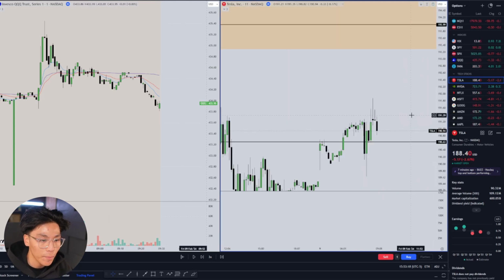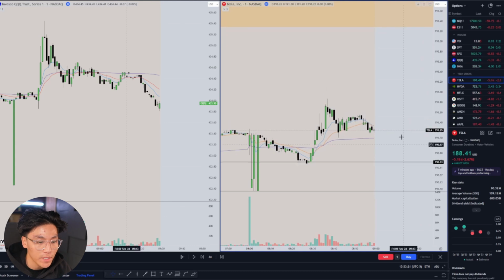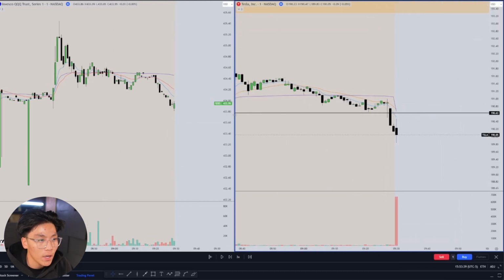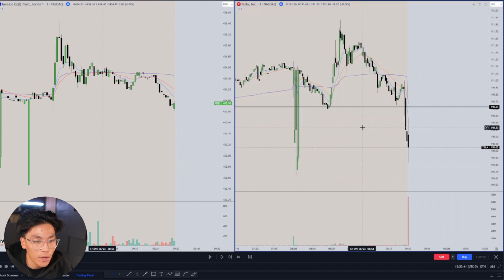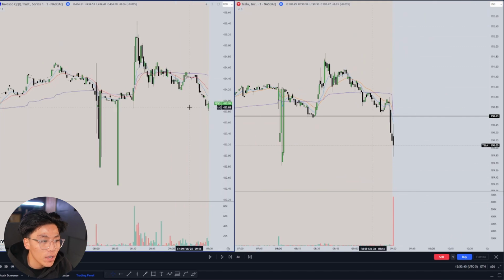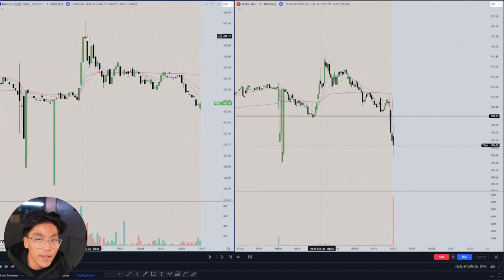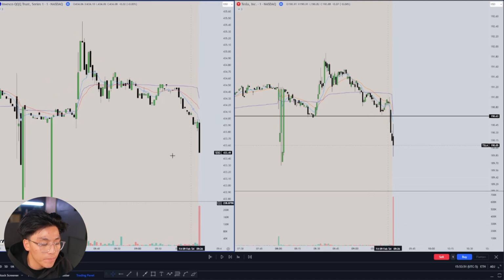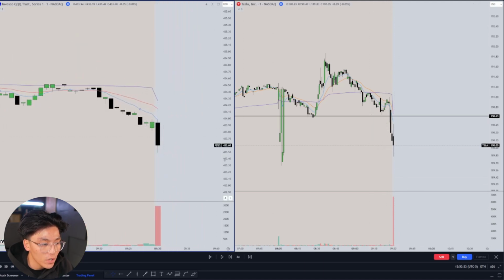So if we go into the 1-minute time frame here, we'll wait to see what happens during market open. So right here, you can see we're right at market open now. We're right here on Tesla, right? The market just opened below our 190.60 level, and the QQQ right here is just opening up here as well. We'll play the tape. You can see the first minute candle on QQQ dropped.